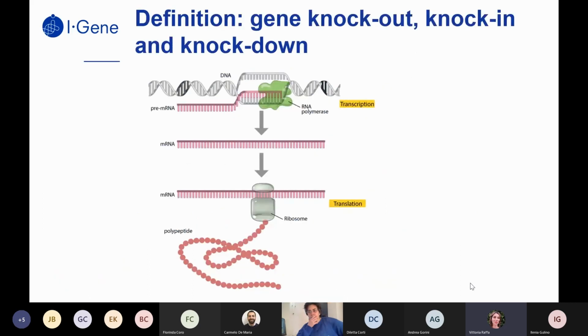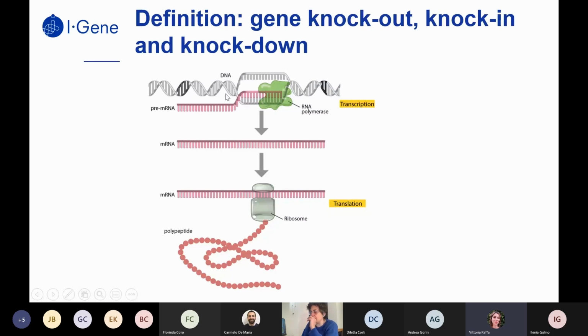Because I know that we are not familiar with the topic, as I told before, let's start with some ontology. Okay, so let's start with some definitions. What you can see here is the canonical process for expressing one gene in one cell. We start from the information which is in the genome, for example, the human genome.